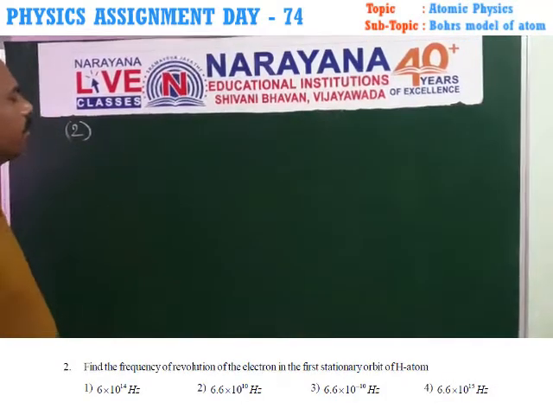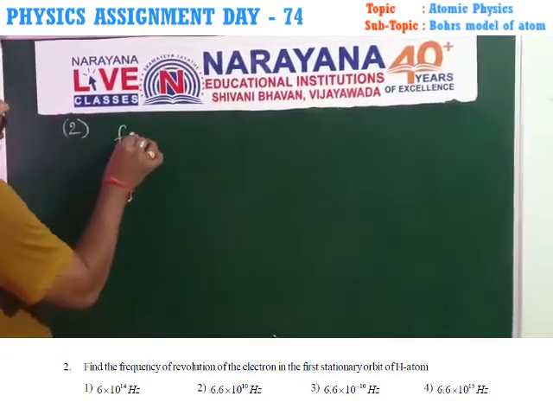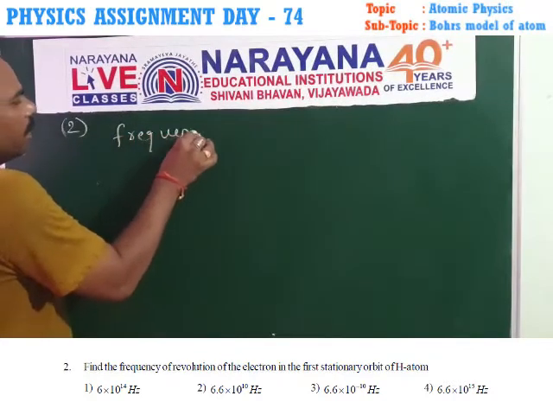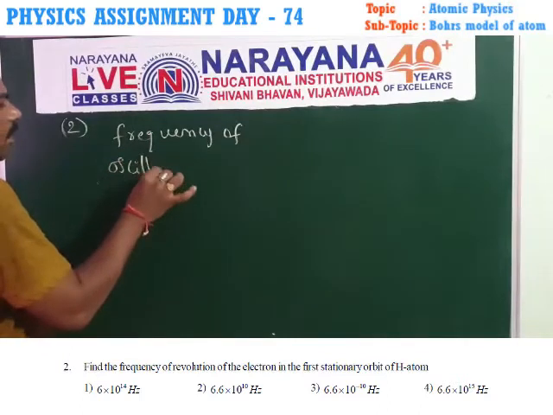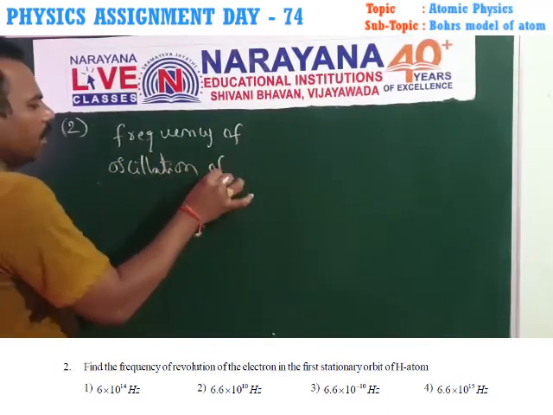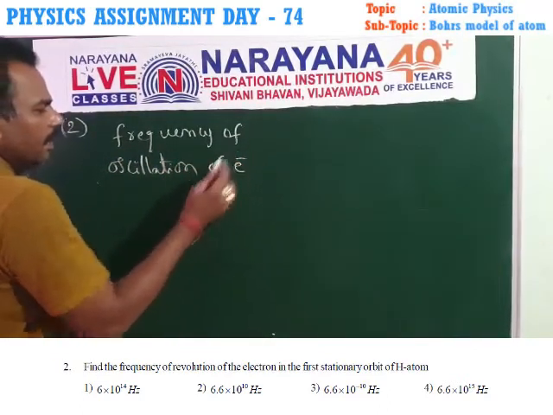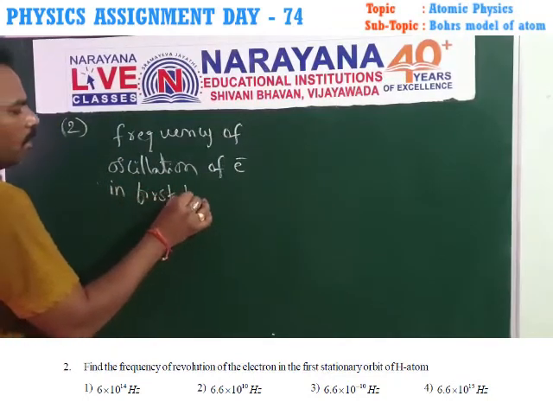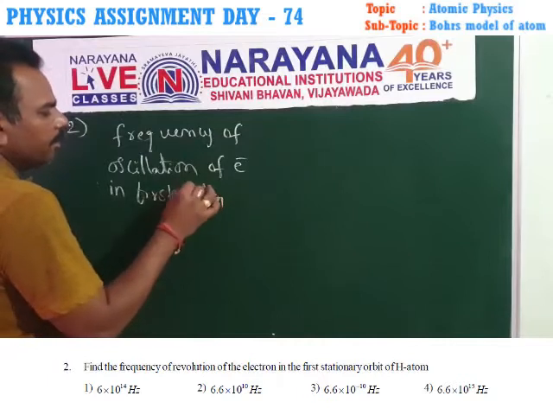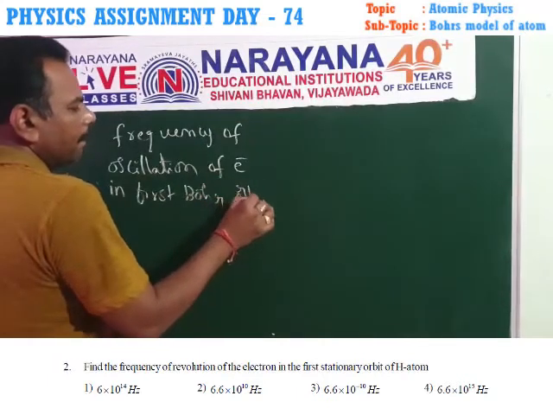In the second sum, we have to find the frequency of oscillation of the electron in the first Bohr orbit.